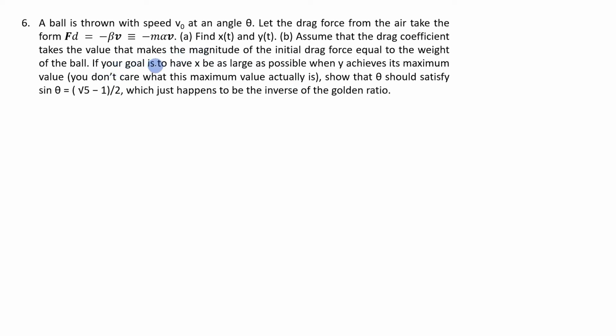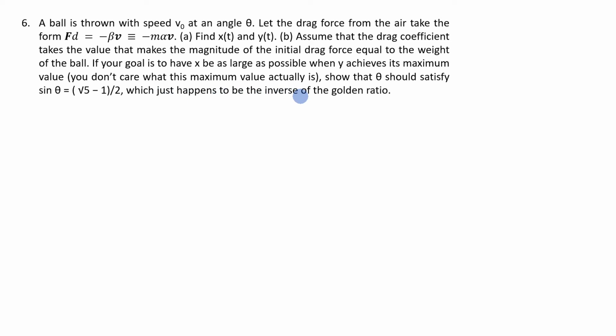If your goal is to have x be as large as possible when y achieves its maximum value, you don't care what this maximum value actually is. Show that theta should satisfy sine theta equals square root of 5 minus 1 divided by 2, which just happens to be the inverse of the golden ratio.